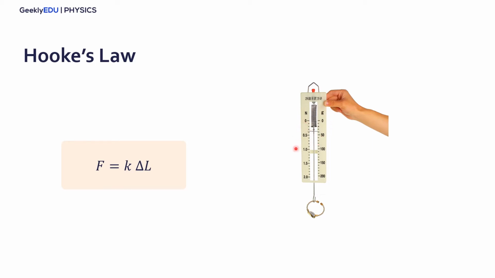So we have a spring, we can hang something here that we want to know the weight force, and based on the displacement or the deformation of this spring, we can know the weight. If we know the elastic constant of the spring and the displacement, we can then calculate the weight force of an object we add here.